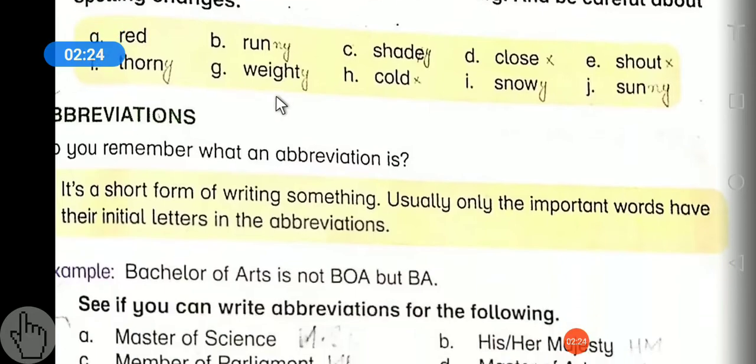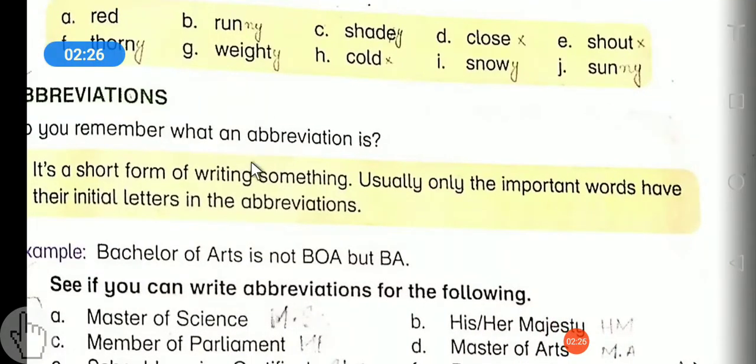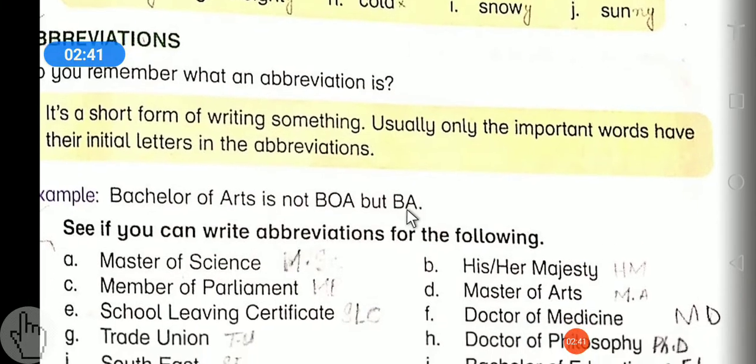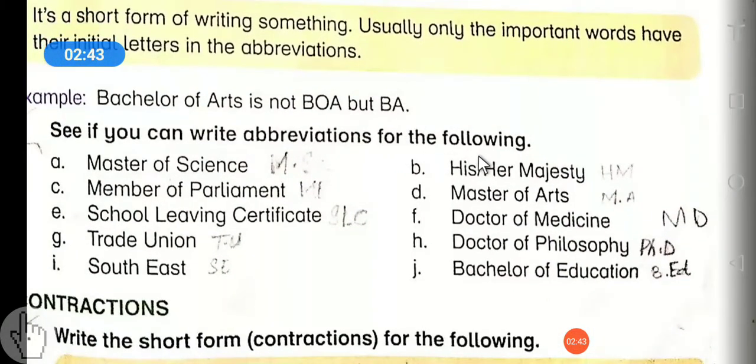Next is abbreviations. Do you remember what an abbreviation is? It's a short way of writing something. Usually only the important words have their initial letters in the abbreviations. So Bachelor of Arts is not BOA but BA. See if you can write abbreviations for the following.